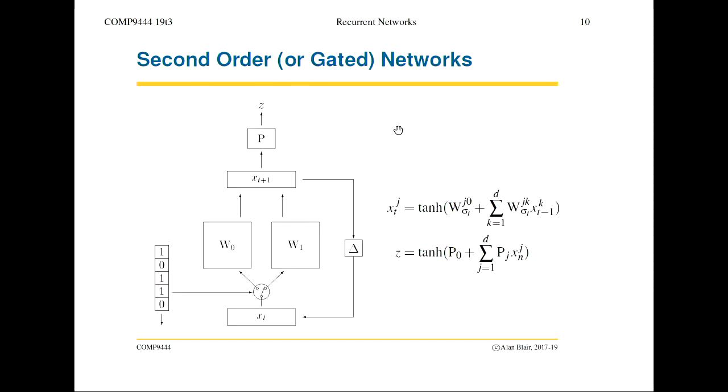Now, I just mentioned this is some work I did some years ago in this area. This just gives you an idea of the variety that we can have with these architectures. So this is called a second order network, or sometimes called a gated network. The way this works is as follows.